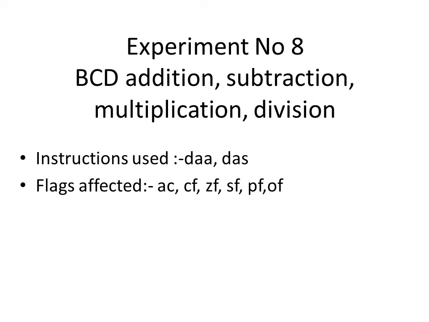Here we are using an 8-bit number, so the largest number we can perform BCD arithmetic on is 99. Okay, so we'll see how we can perform BCD addition, subtraction, multiplication and division.